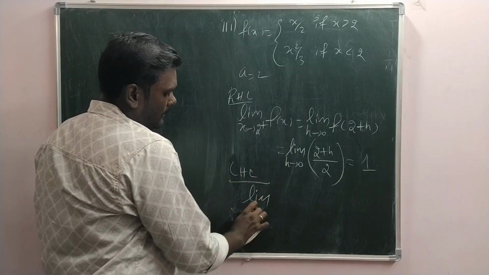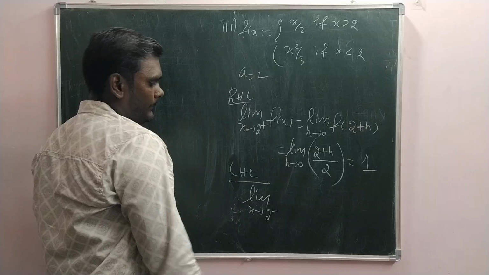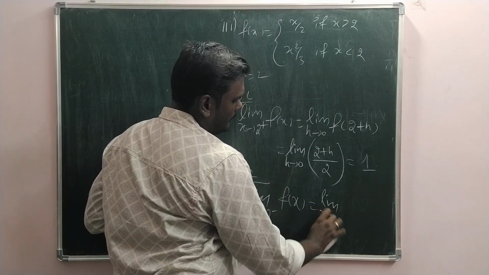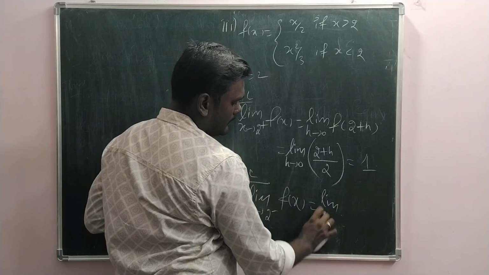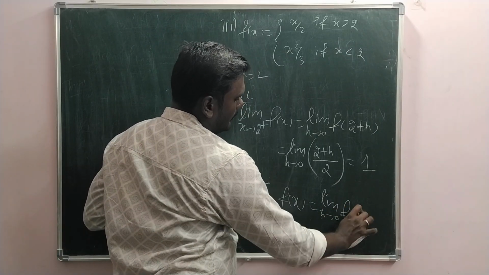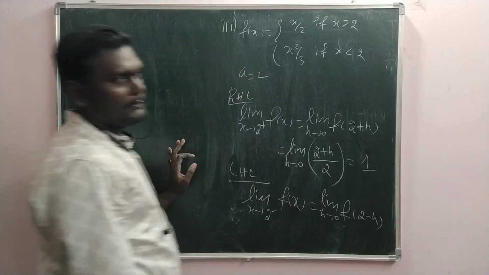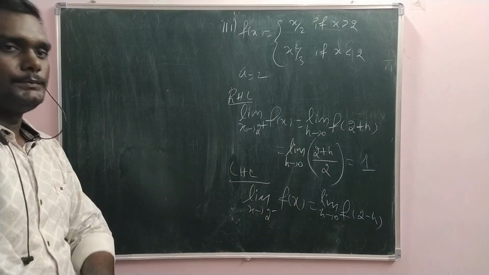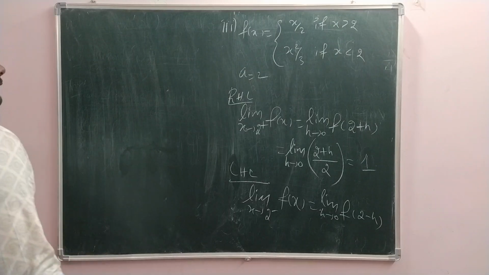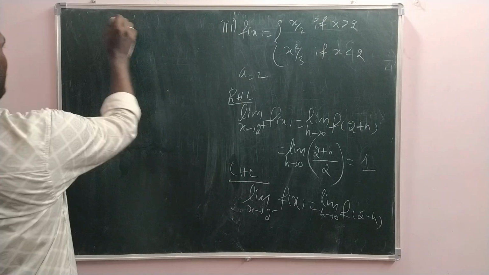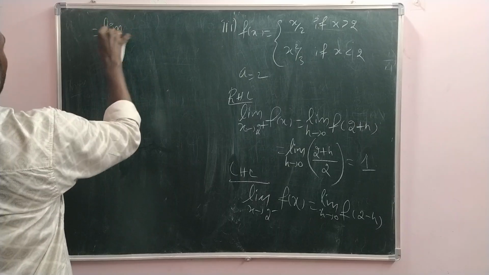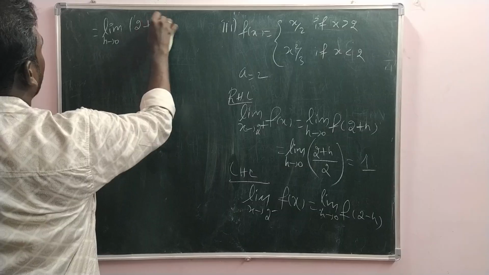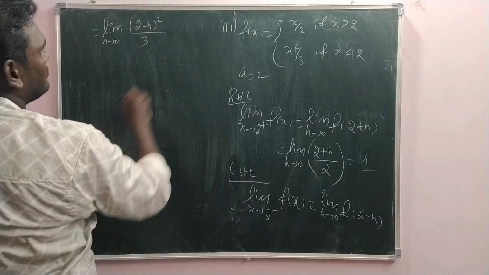Left hand limit is limit x tends to 2 minus f of x, that is equal to limit h tends to 0 f of 2 minus h. 2 minus h means whether it will be more than 2 or less than 2. Less than 2. So it is limit h tends to 0, this is 2 minus h whole square by 3.